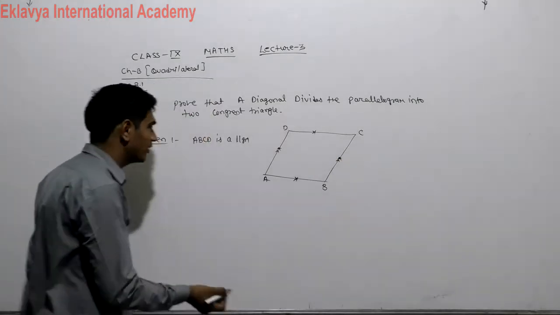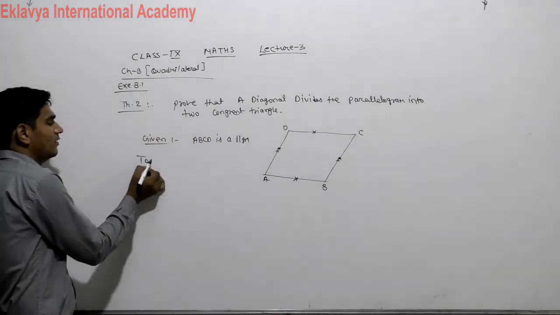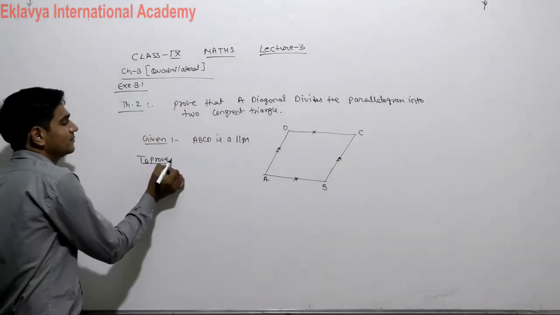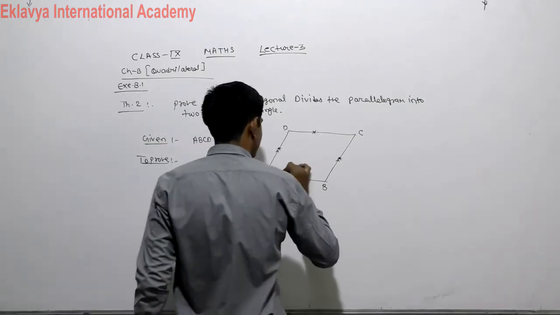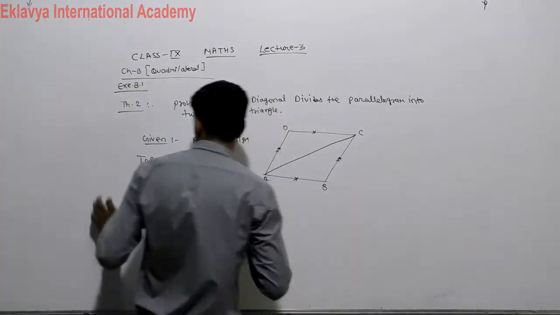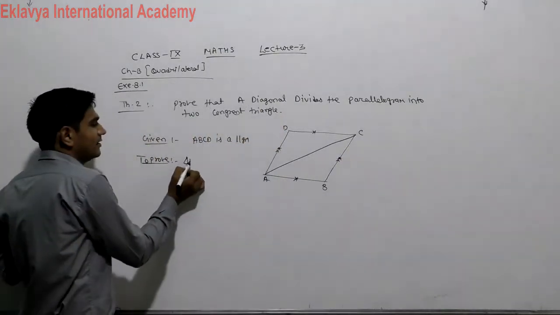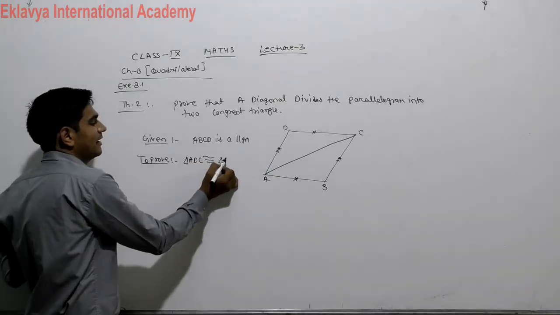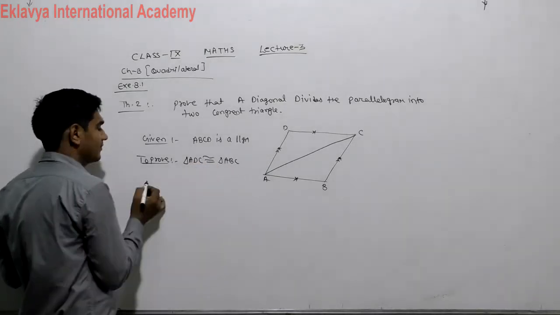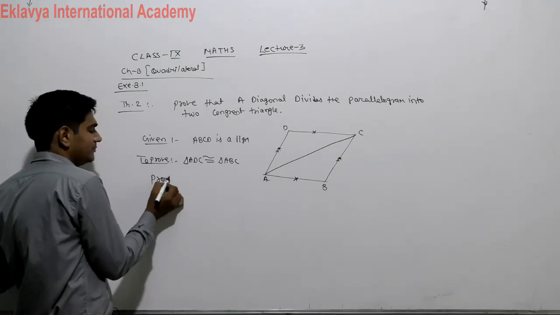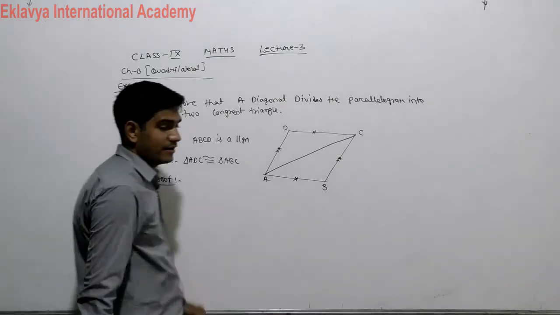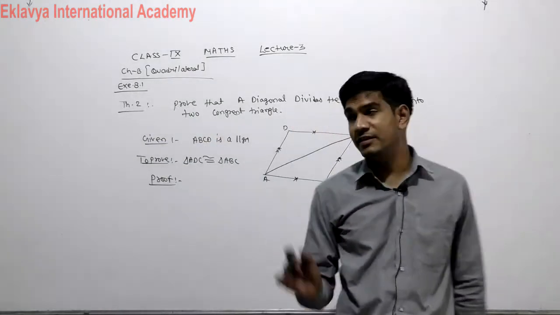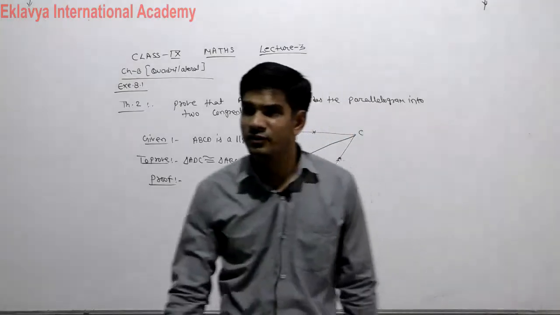Now what will we prove here? A diagonal AC. We have to prove triangle ADC is congruent to triangle ABC. Now the proof part. So easily we can prove that these two triangles are congruent.